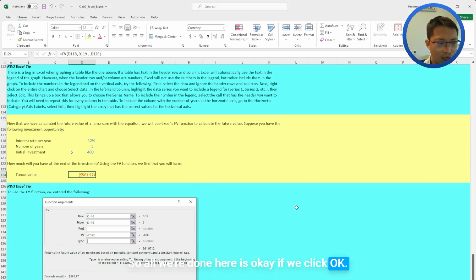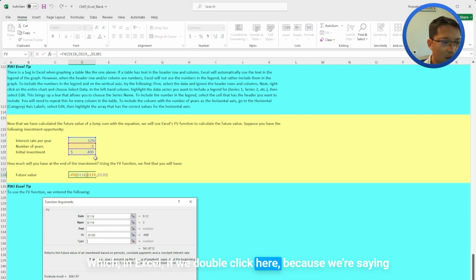If we click OK, you will notice this number, $561.97, is in parentheses, right? That indicates this is a negative number, which in Excel, if we double click here, is because we're saying this initial investment is $400, right?